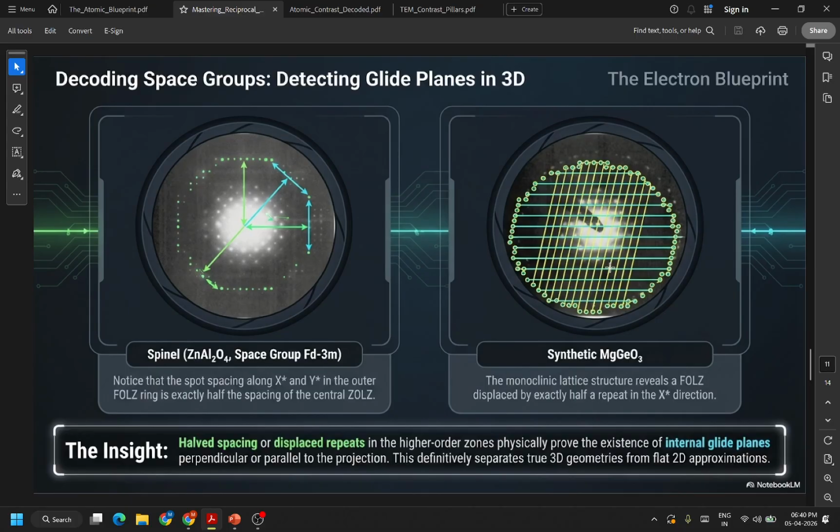And in synthetic MgGeO3, we see that the monoclinic lattice structure for FOLZ is displaced by exactly half a repeat in the X star direction. So both this half spacing and displaced repeats result in glide planes, which gives you three-dimensional data instead of just your average 2D approximation data.